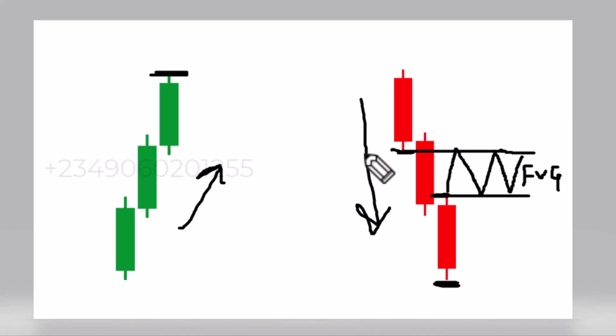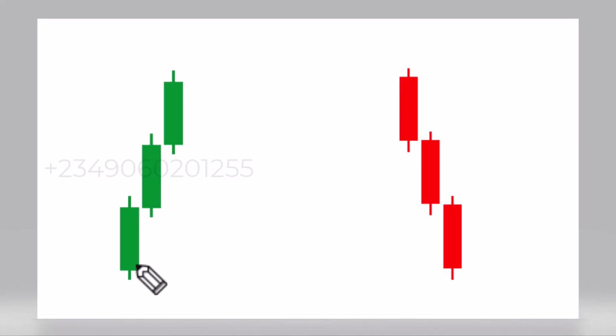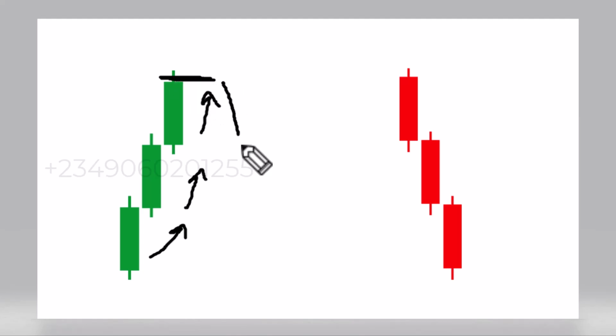The concept or psychology behind this bullish fair value gap on the left hand side is, take for instance, price has been moving up aggressively with 3 consecutive bullish candlesticks. You don't want to jump in at the extreme or at the close of the third candlestick. A better zone for you to look out for trade opportunities is if price can retrace into the 50% or the discount price level.